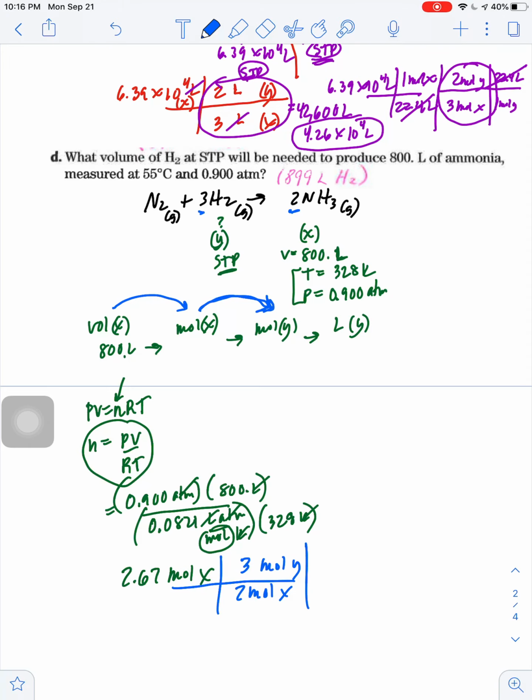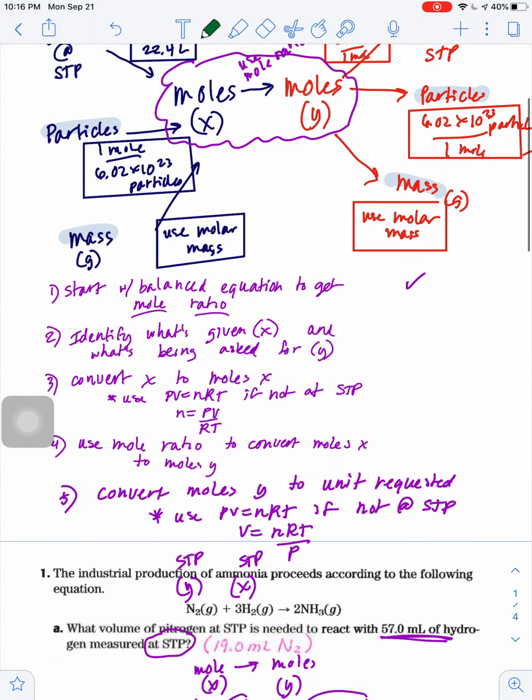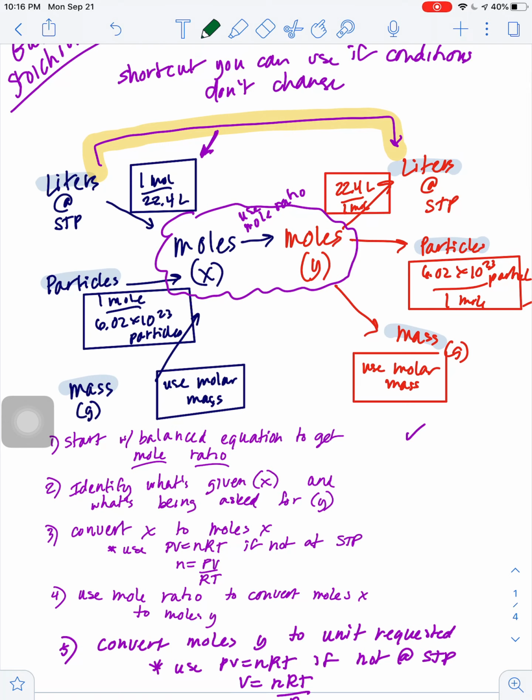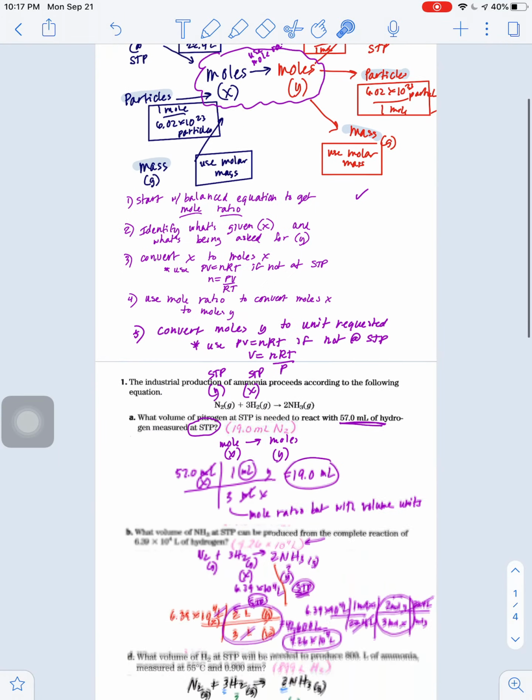Now, how do I get from moles of Y to liters of Y? We are at STP now, so I can use 22.4 to get back out to liters. Okay, so I couldn't use 22.4 at the beginning because I wasn't at STP, so I had to use the ideal gas law in its place. Once I was in moles, I had to use the mole ratio to jump across, and then I can use 22.4 liters at the end.